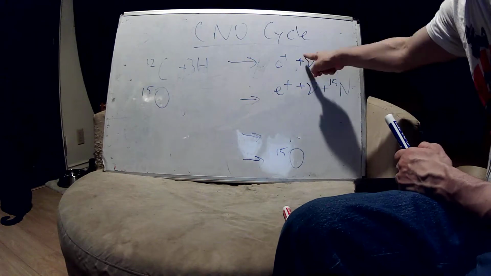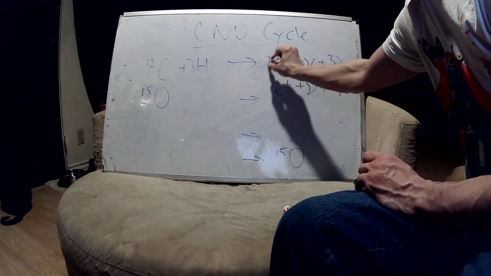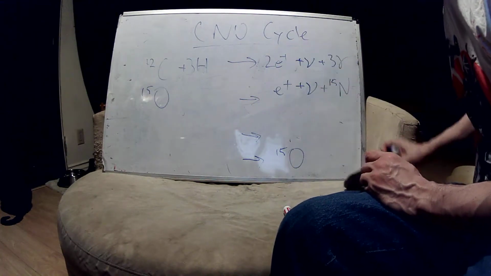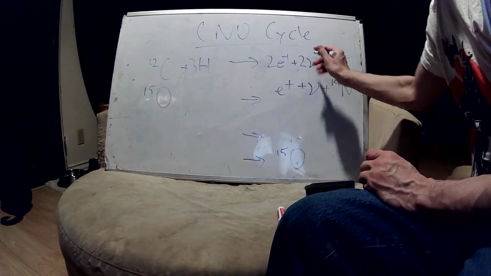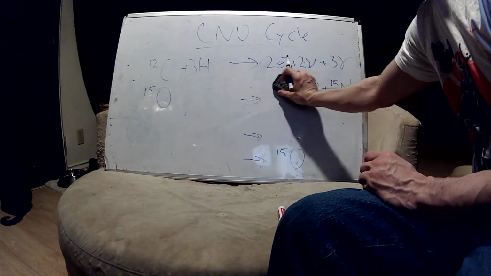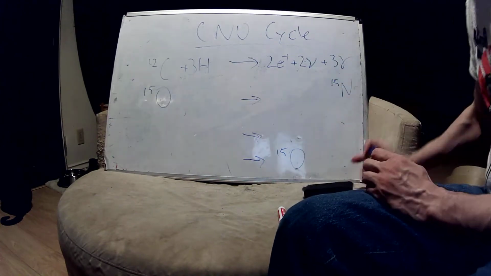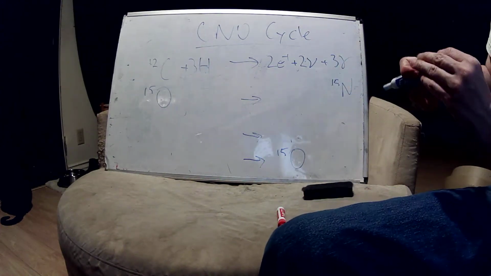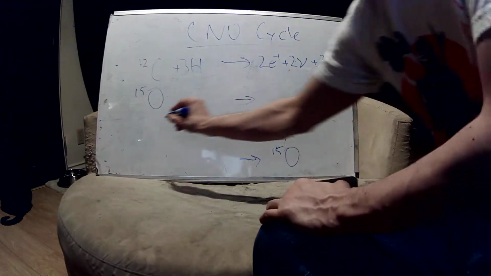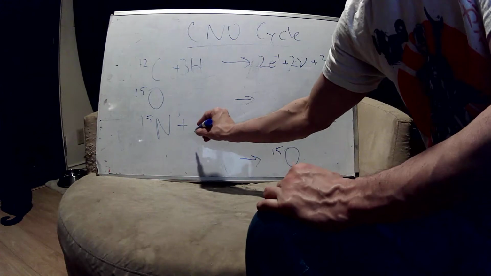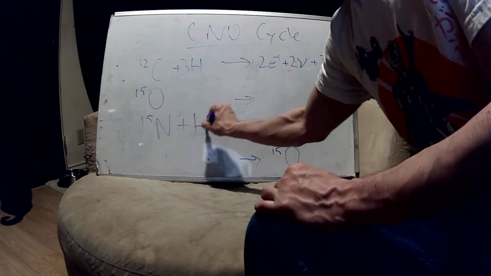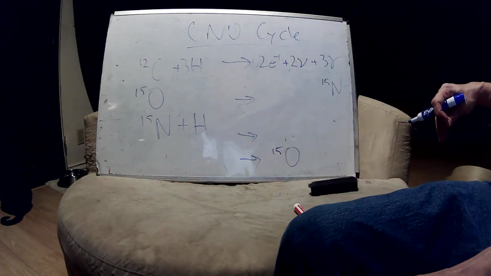Now, I'm going to say that we have 2 positrons. I'm going to move the plus sign over just a little bit. And 2 neutrinos, and I'm going to erase these. Okay, our nitrogen 15, guess what's going to happen to it? It's going to be bombarded by a hydrogen atom.